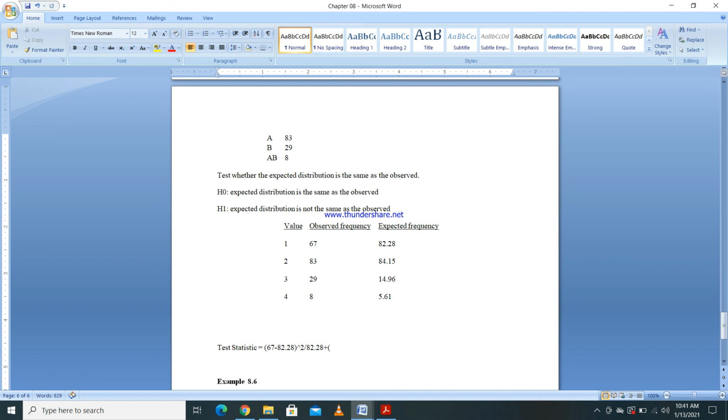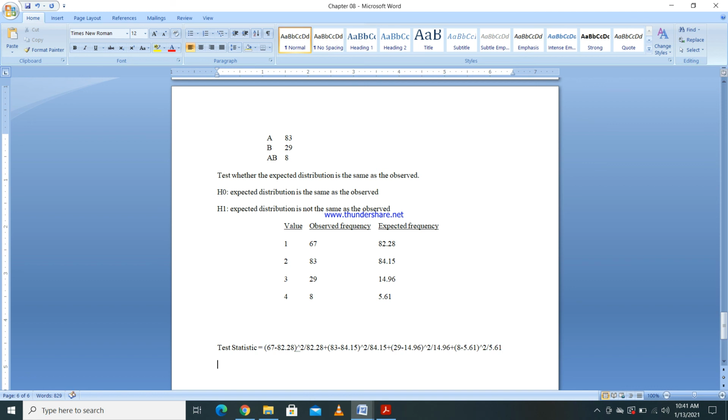Likewise, you take the next one, 83 minus 84.15, take the squared value, divide by 84.15, plus then you have 29 minus 14.96, take the squared value, divide it by 14.96, plus 8 minus 5.61, squared value, divide by 5.61. So this would be your test statistic.